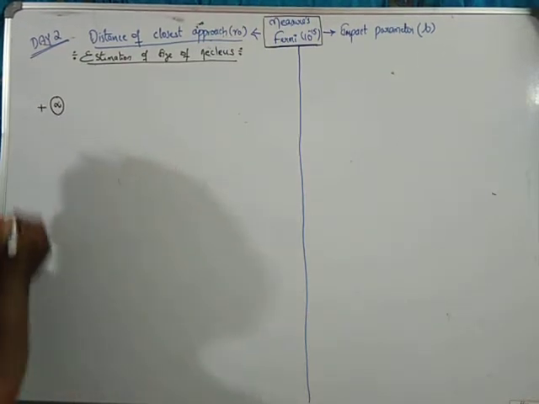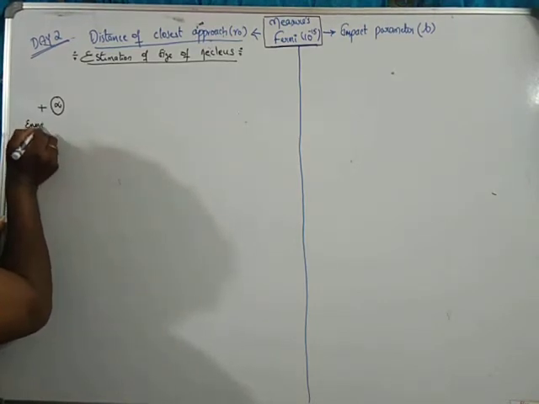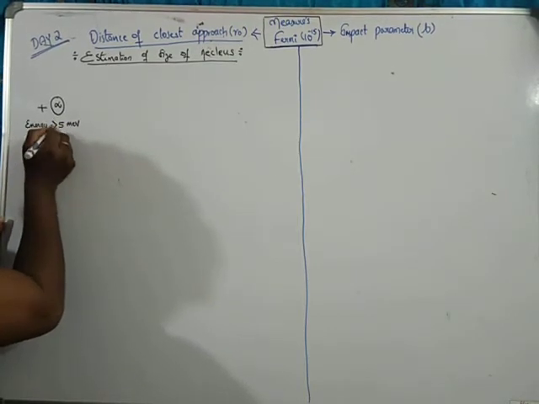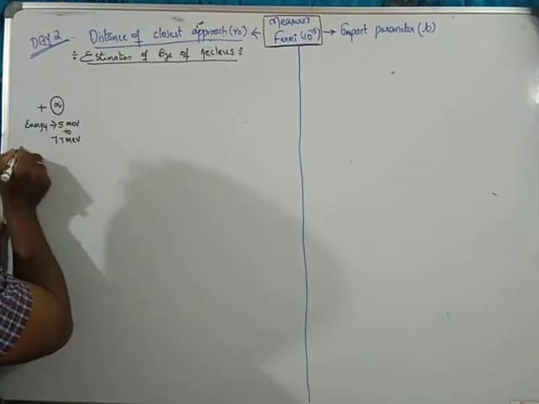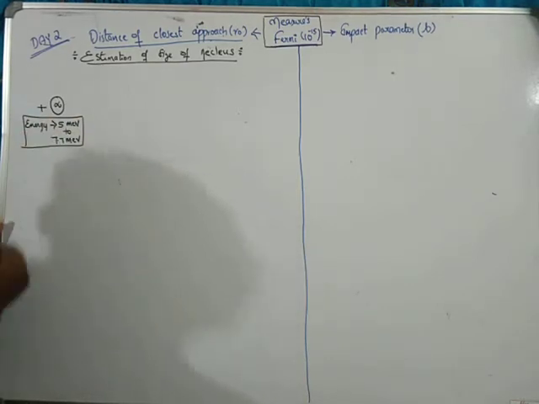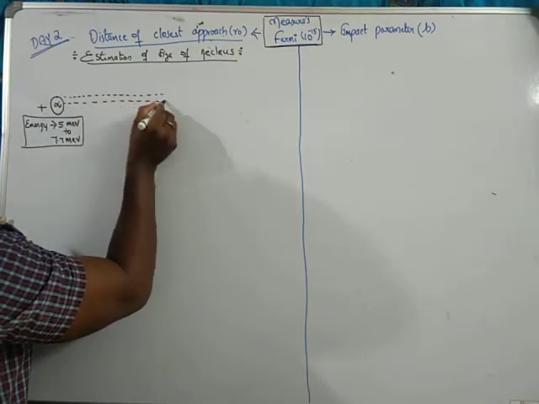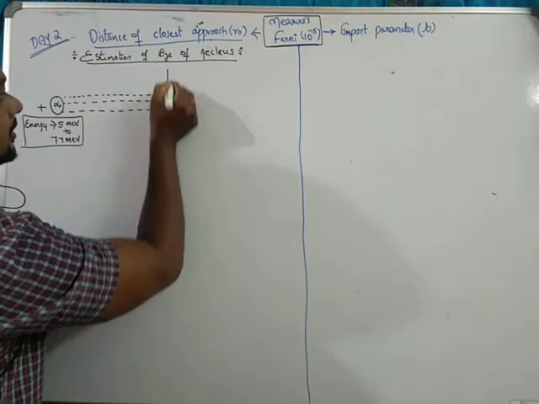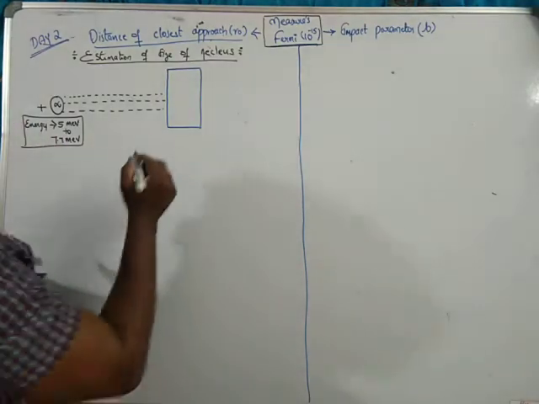Already we know it's a positive charge and it radiates energy of 5 mega electron volts to 7.7 mega electron volts. On the other side, we consider a foil.